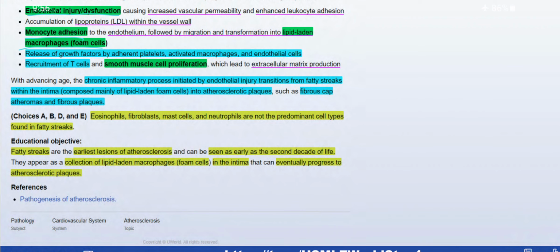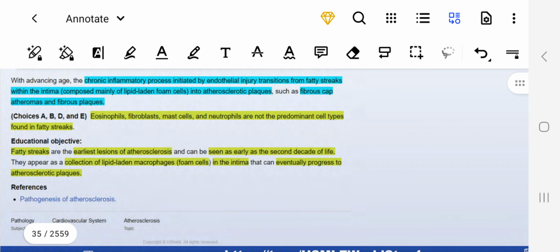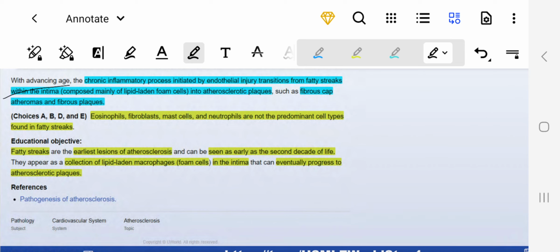Then, with advancing age, the chronic inflammatory process initiated by endothelial injury transitions from fatty streaks within the intima, composed mainly of lipid-laden foam cells, into atherosclerotic plaques such as fibrous cap atheromas and fibrous plaques. This is with advancing age. This is important. With advancing age, fatty streaks will be converted into fibrous cap atheromas and fibrous plaque.